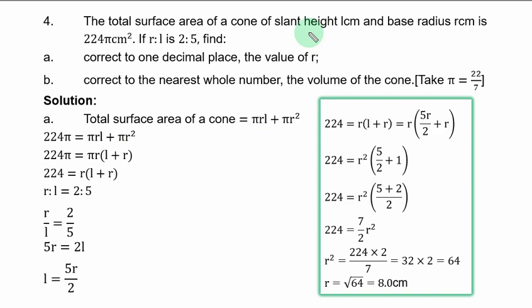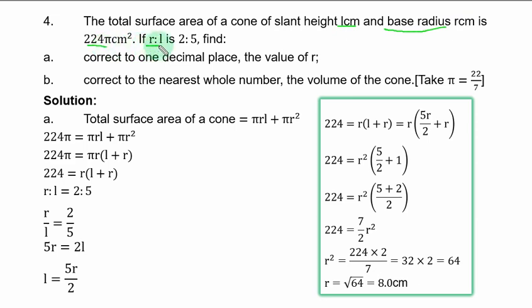Question 4. The total surface area of a cone of slant height L centimeters and base radius r centimeters is 224 pi square centimeters.